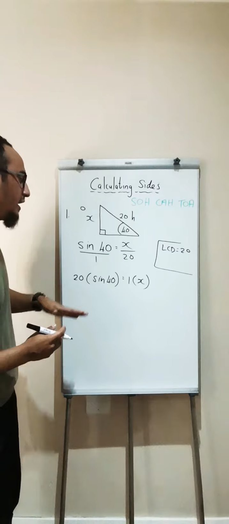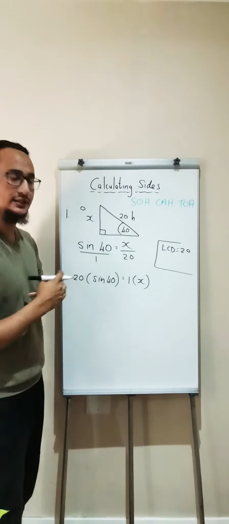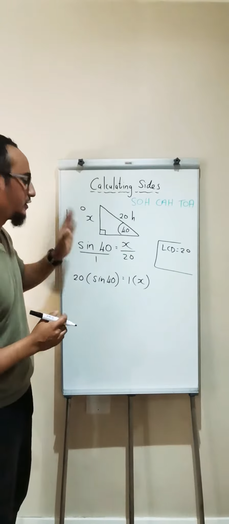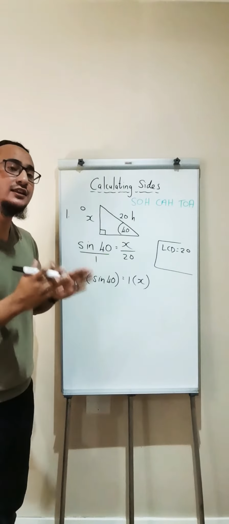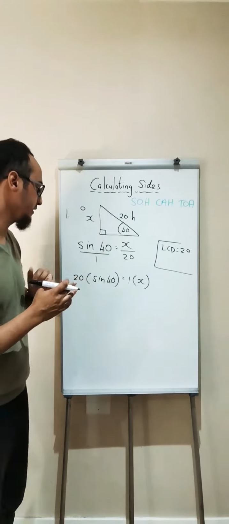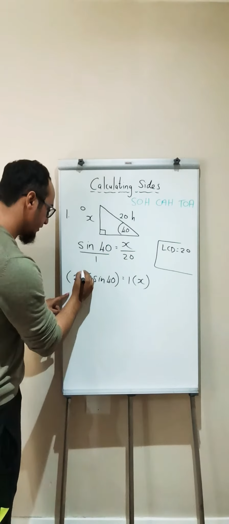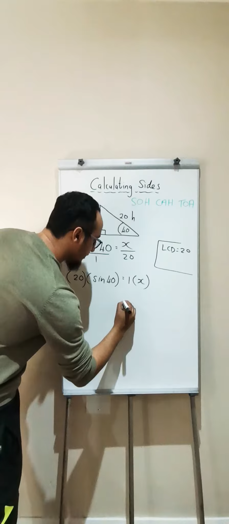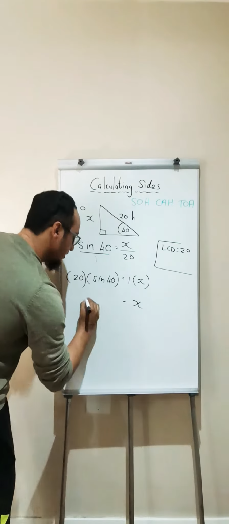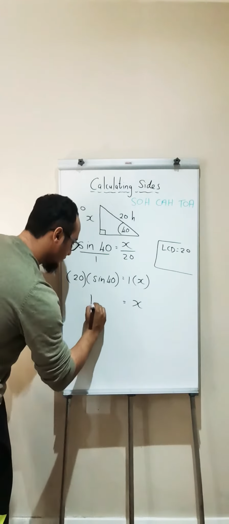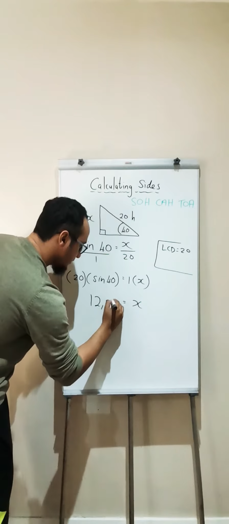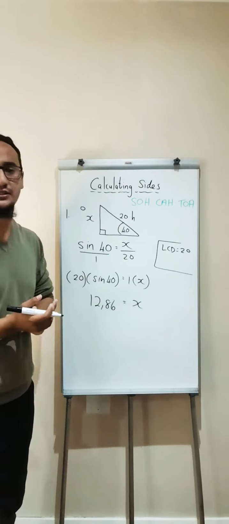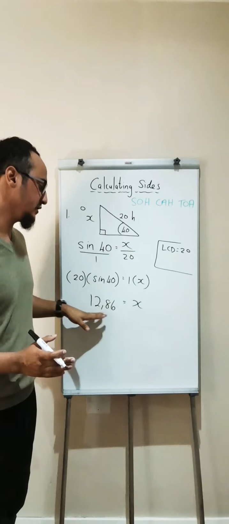Okay, remember, I'm trying to calculate x over here. So, do I need to have that 1 over there? No, I don't. The only thing I type into my calculator is what is 20 multiplied by sine of 40, and that answer is equal to 12,86, and the unit of measurement, if it's centimeters, meters, or what have you, I will just say units over here.